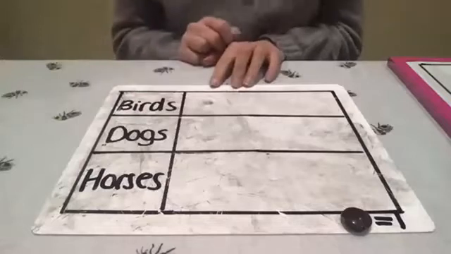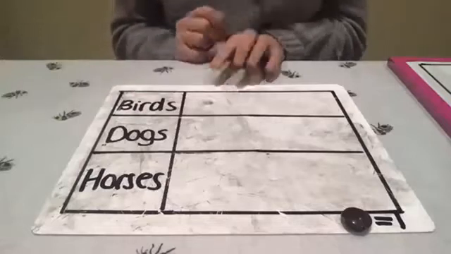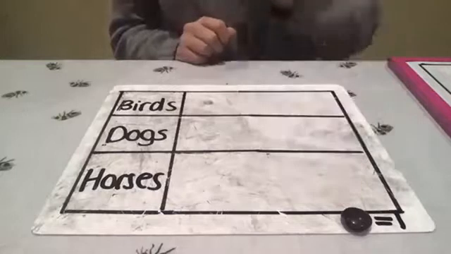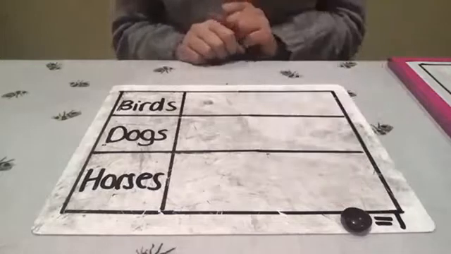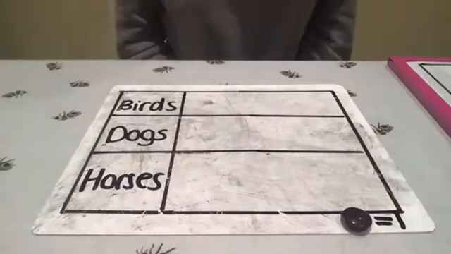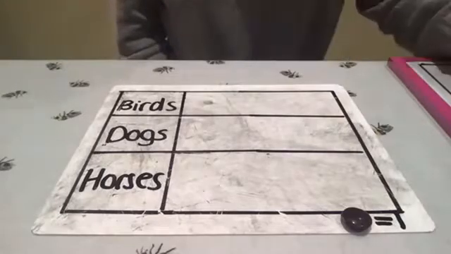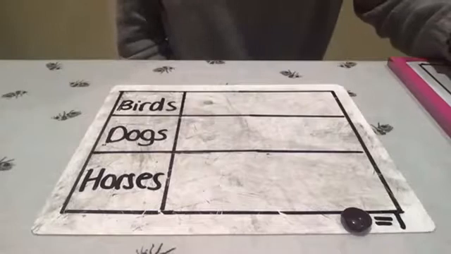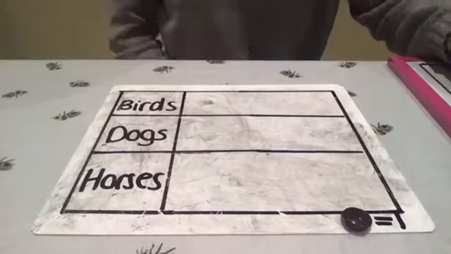Well, we know that there are 10 birds. So if one minstrel represents one animal, one bird, how many minstrels are we going to need to represent 10 birds? Yes, you're right, we're going to need 10. So shall we count together, adding our objects to our pictogram? Remember, we need 10.